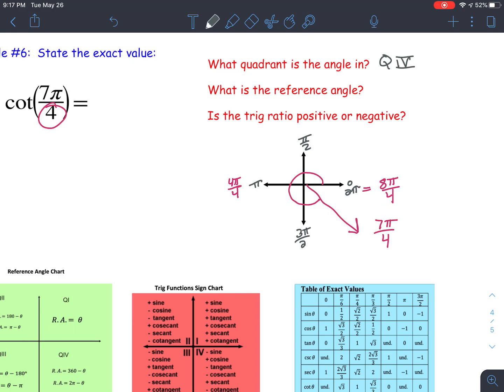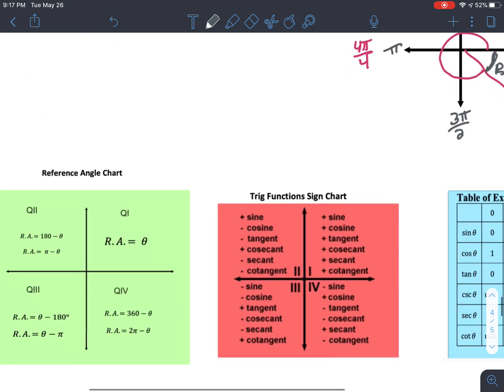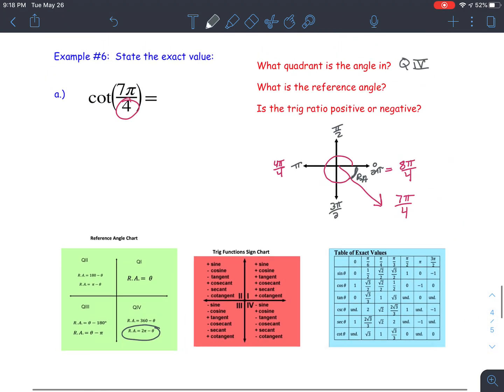What is the reference angle? So I'm looking for the difference here. My reference angle lies here. The difference between 8 pi over 4. So if you look at in the fourth quadrant to find the reference angle, you take 2 pi minus theta.